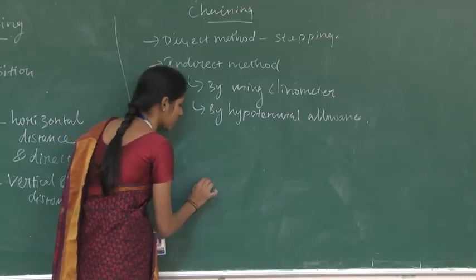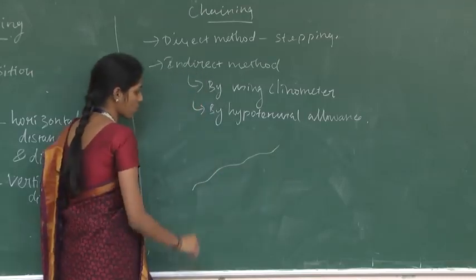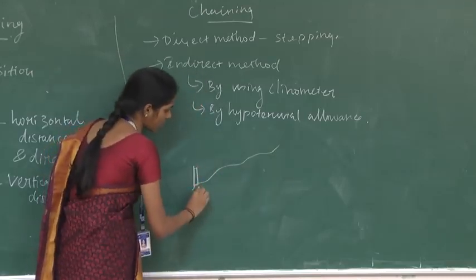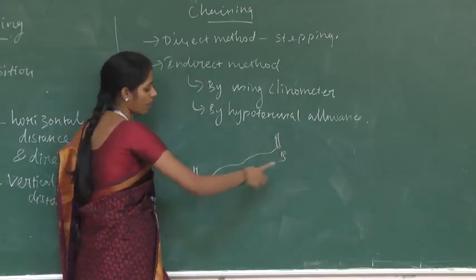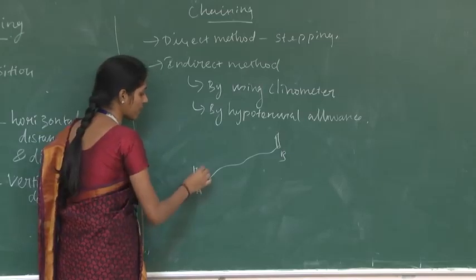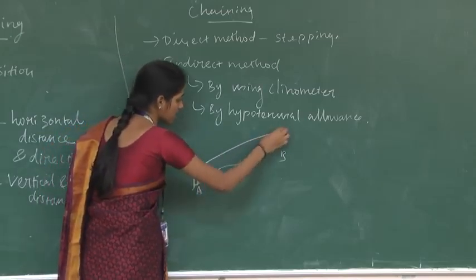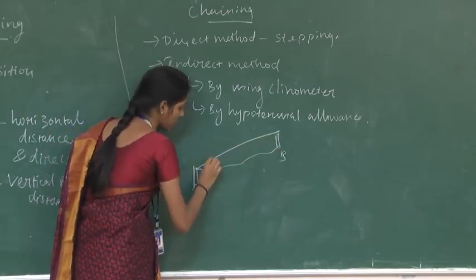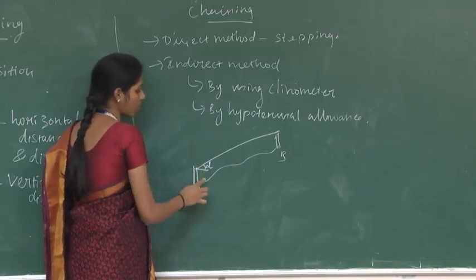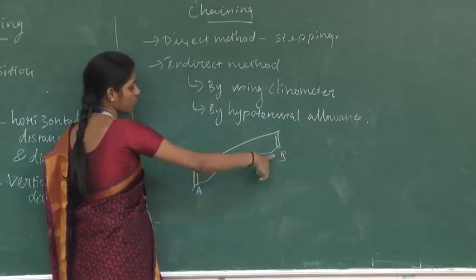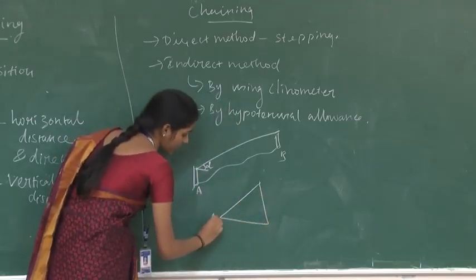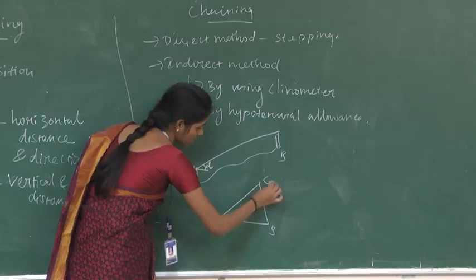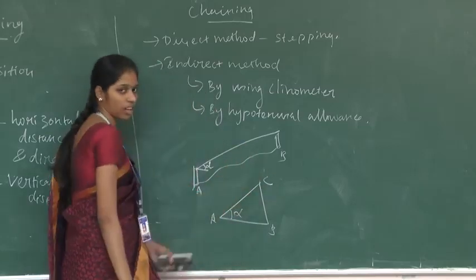For example, again we are chaining a slope area. Here it is our point A, here it is a point B. We have to know the distance between point A to B. With the help of a clinometer, we can simply measure the angle alpha, which is from A to B. Let us consider this as a triangle A, B, C. Alpha is the angle.